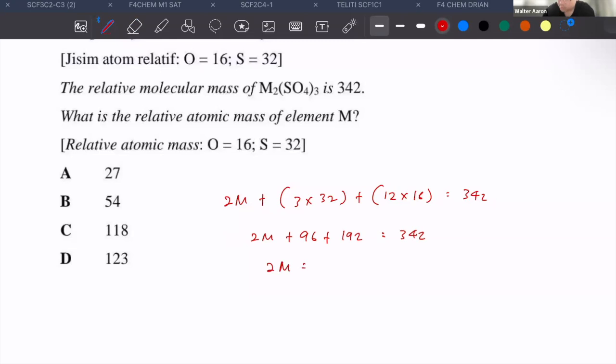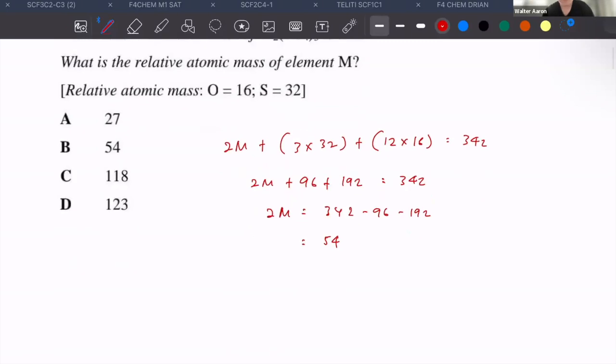So 2M will be 342 minus 96 and minus 192. And then you get a total of 54. So 2M is equal to 54. M is equal to 54 divided by 2. So you get 27. Therefore, the answer here will be A.